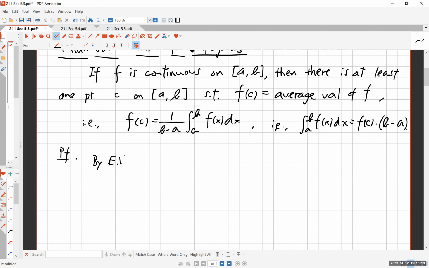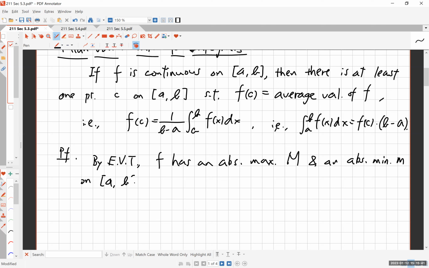By the extreme value theorem, remember that's the one that guarantees the maximum and the minimum value for any continuous function on a closed and bounded interval, f has an absolute maximum, let's call that capital M, and an absolute minimum, which let's call lowercase m, on the closed and bounded interval [a, b].